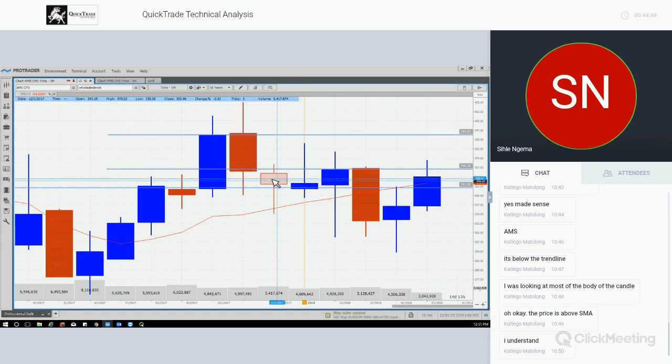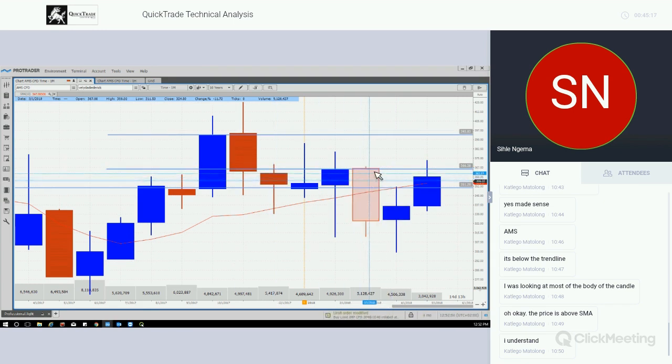Okay, let's check. Since November 2018, we haven't closed above that area there, above the 367 on a monthly closing basis. Each time we try to go through that zone, sellers come in and push the price lower.